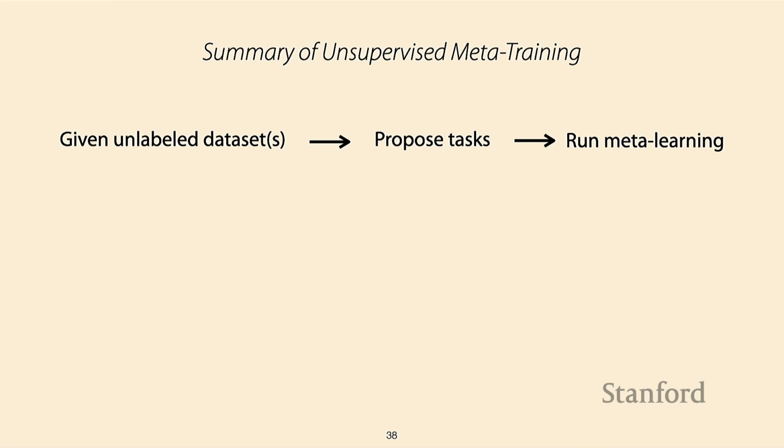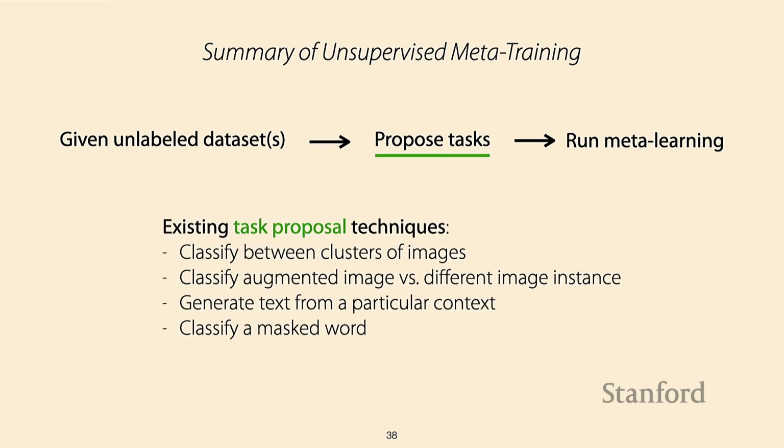The key difference between these methods and the ones we saw last week is that we're explicitly running meta-learning and using the meta-learner to perform few-shot learning, rather than just fine-tuning on top of some pre-trained representation. We also covered a few different ways to propose tasks that have been suggested in prior work, which includes classifying between augmented images and different image instances, and classifying a masked word.